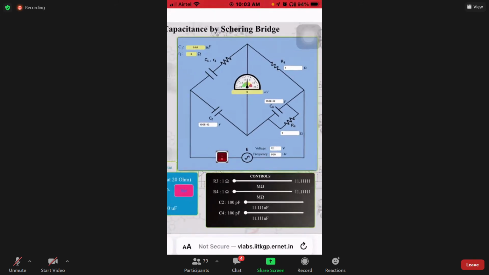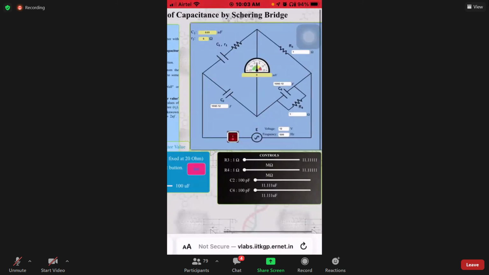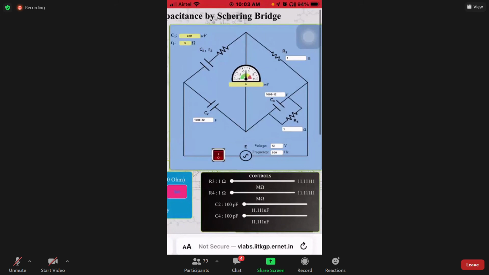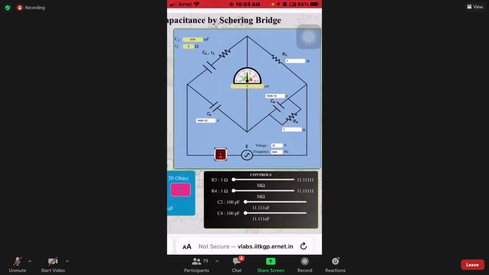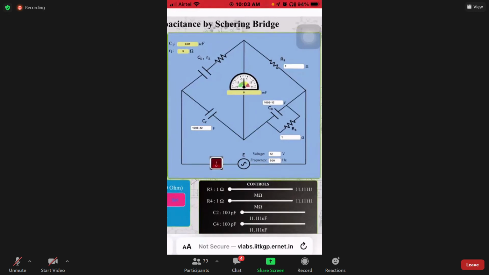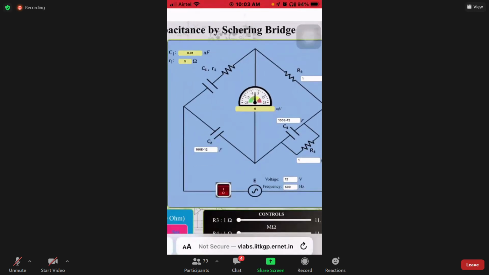Okay. Only two points you have given about the Schering bridge. Explain the procedure. So we have to put different values for the capacitance to find the unknown capacitance of the capacitor C1.